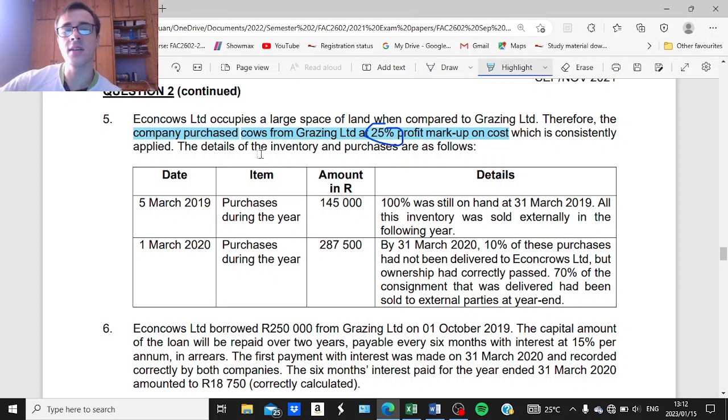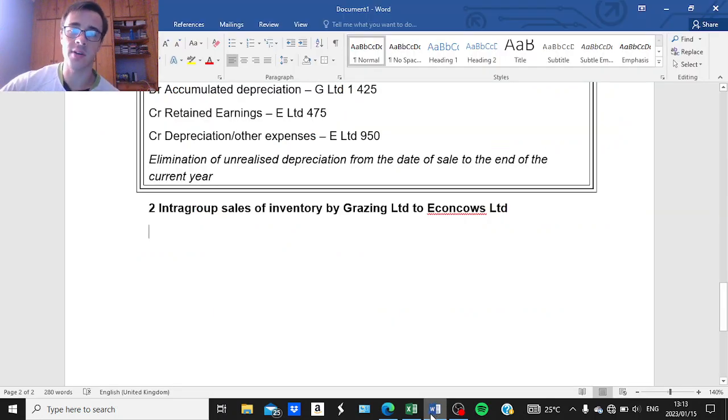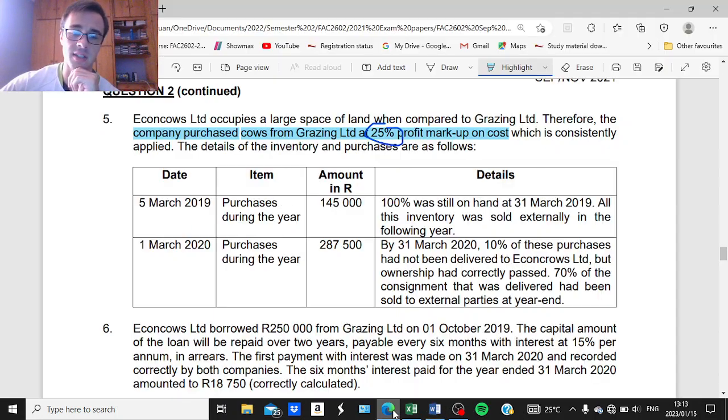Okay, details of the inventory and purchases are as follows. So the first date on which there was intergroup sales of inventory was on the 5th of March 2019, which is clearly in the previous year because the current year started on the 1st of April 2019. Okay, so this was the intergroup sales amount for the previous year, 145,000.